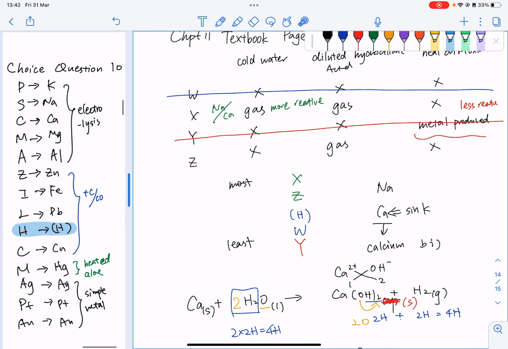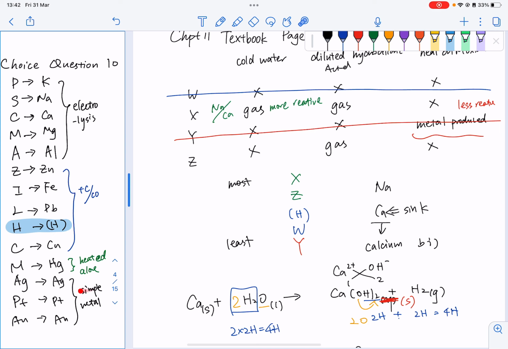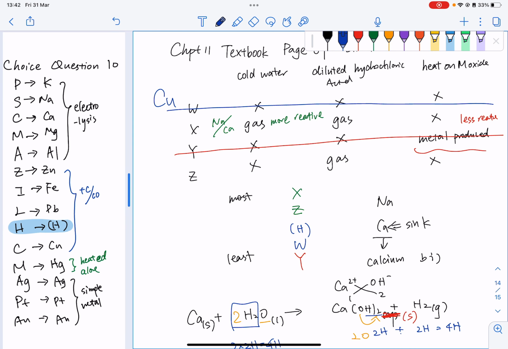then we should be able to see that the oxides of mercury and silver will decompose on heating alone, right? And then the copper oxide cannot be simply obtained from that. So W could be copper here. And also, ask about Y. Y could be either mercury or silver, right?